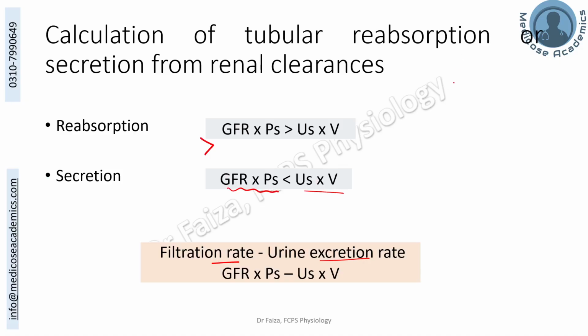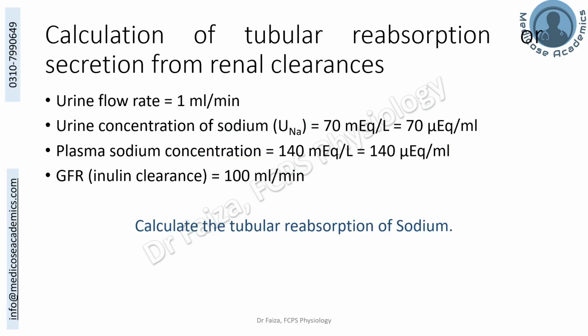So if we are given a substance, let's say substance X, we calculate its filtered load, we calculate its excretory load. By looking at the difference between the two, we can estimate if it was secreted on the way or reabsorbed on the way through the renal tubule.